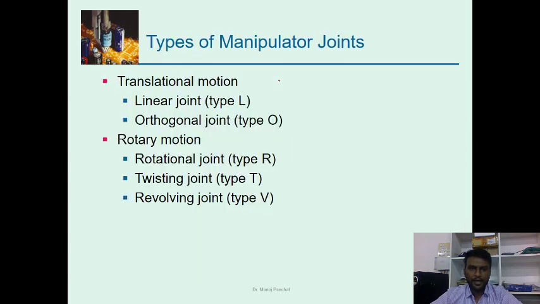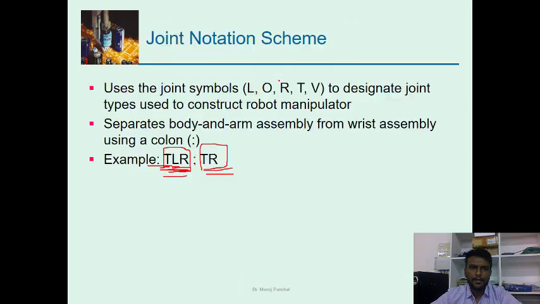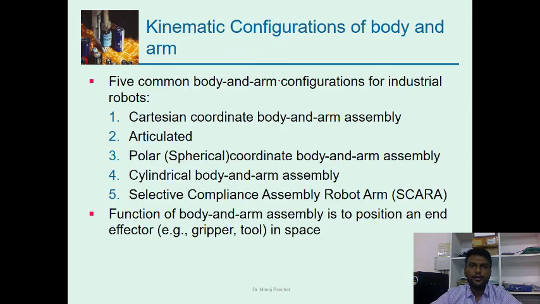And the types of joints used to do this kind of motion. We have seen these 5 types of joints, right? Next lecture we are going to see the body and arm configuration. Okay, thank you.